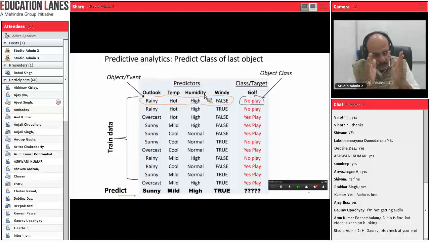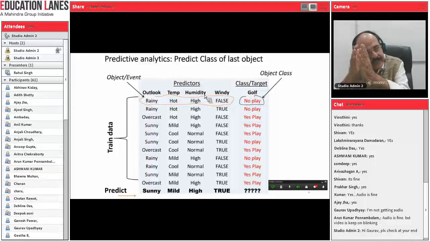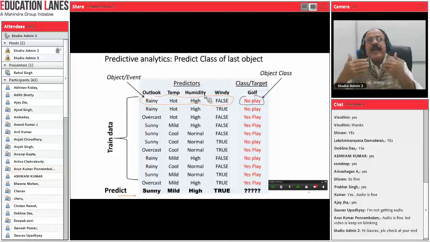So these attributes which help in making predictions are known as predictors. In this case, the weather conditions, and what I want to predict is called target. So I want to predict whether golf is to be played or not played. That is my target column, or it is also called class column. This data set is known as example data set or training data set.